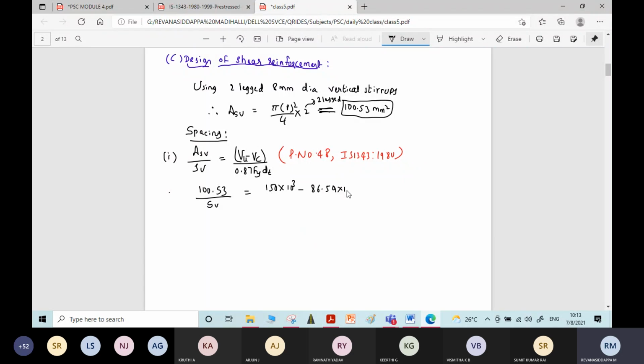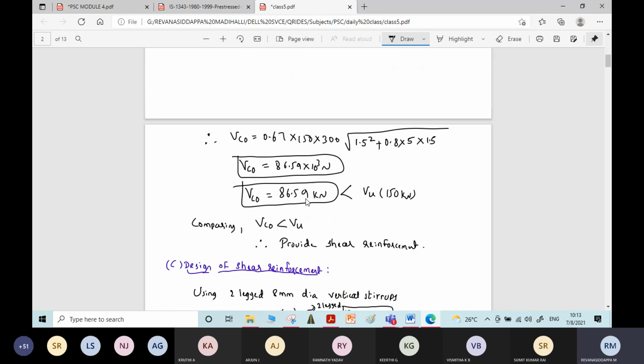You need to substitute in terms of Newton because Fi will be in terms of Newton per mm square. Whole divided by 0.87 Fi. How much it is given?